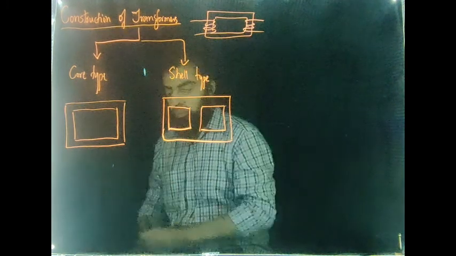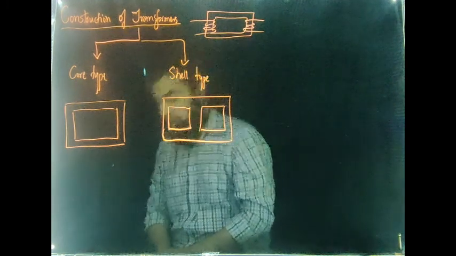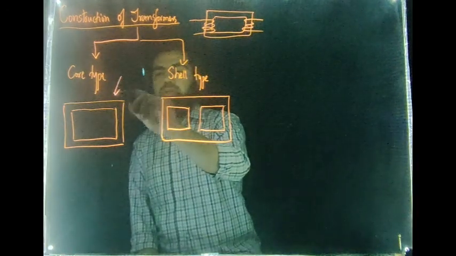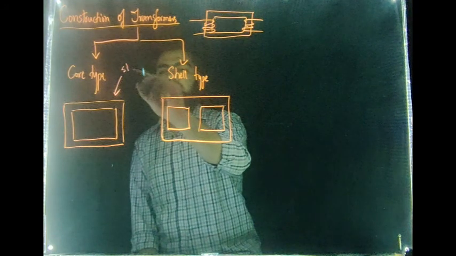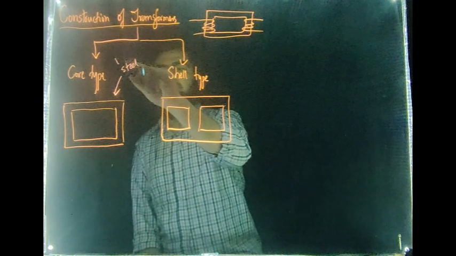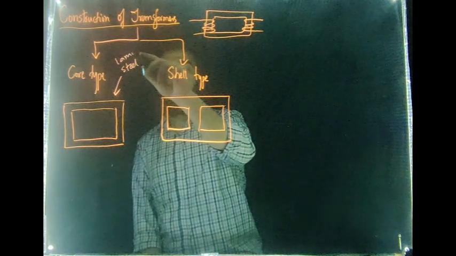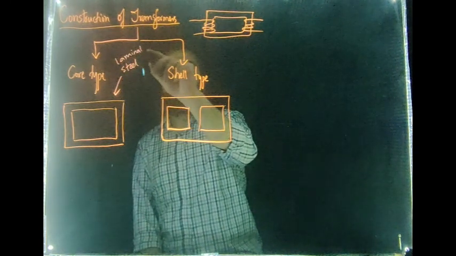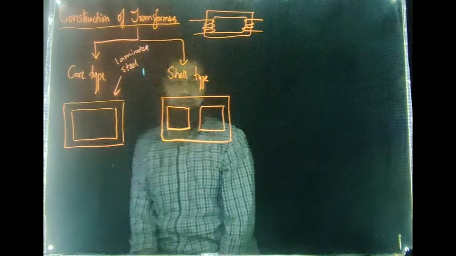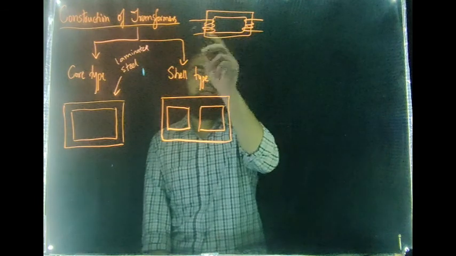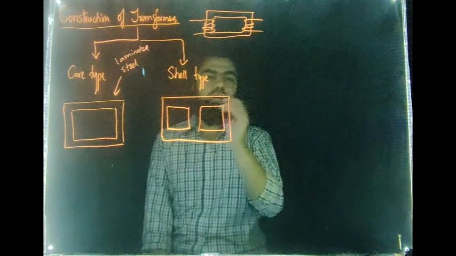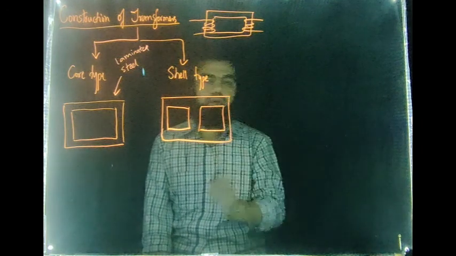These cores are made up of steel, whether it's a core type or a shell type transformer. These are made up of laminated steel rather. We'll come to the term laminated shortly. So these cores are made up of laminated steel, and the windings are wound around the core of the transformer.